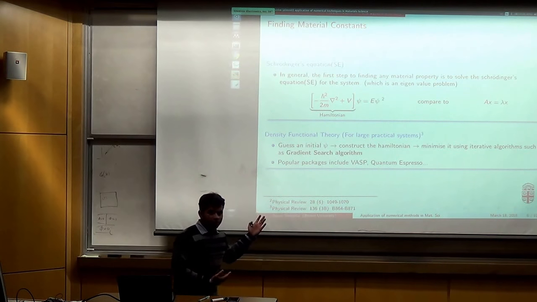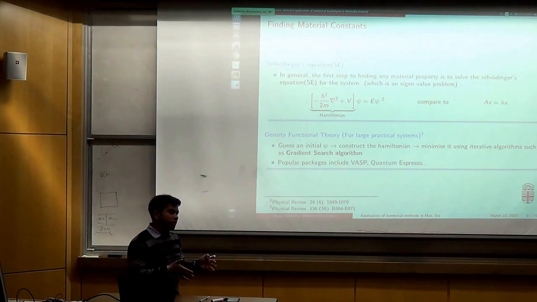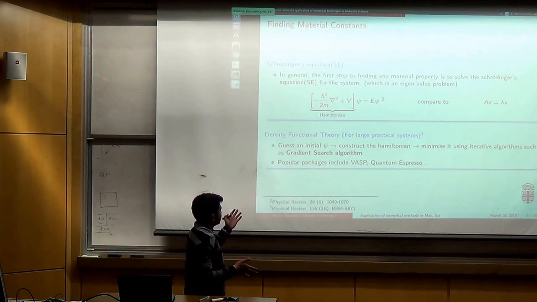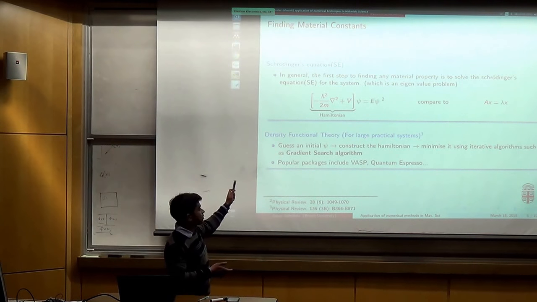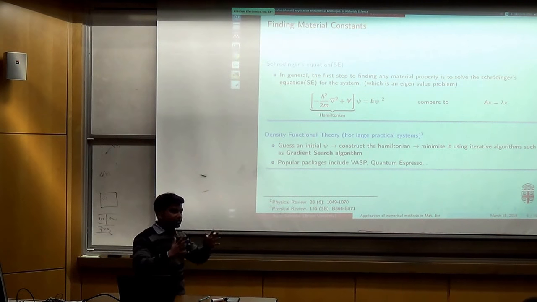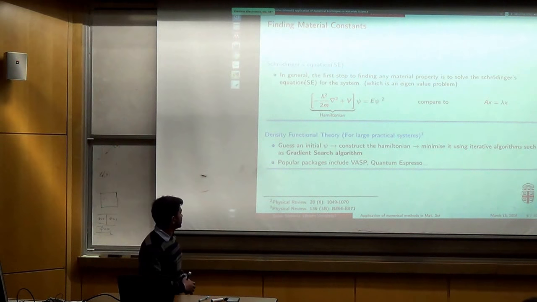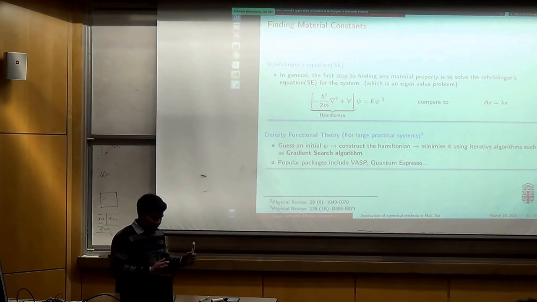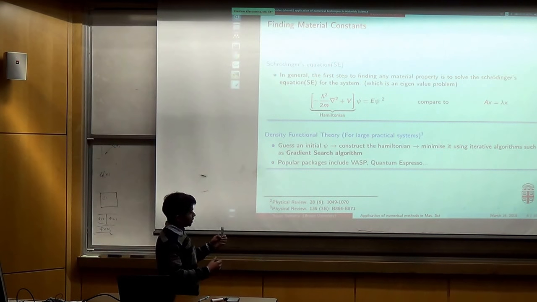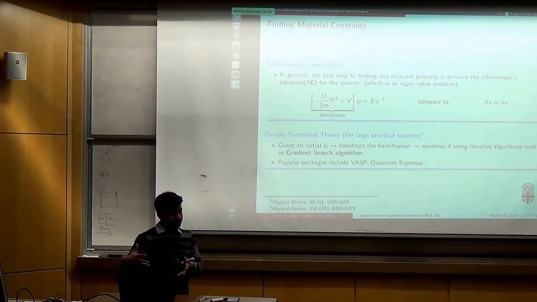we guess, not a wild guess, a calculated guess which is close to the original. We guess the value of the psi. Based on that, we construct the Hamiltonian. Then we take the matrix, that energy, and minimize it using minimization algorithms such as gradient search. And from the minimum Hamiltonian that we get for that configuration, we calculate a new psi.